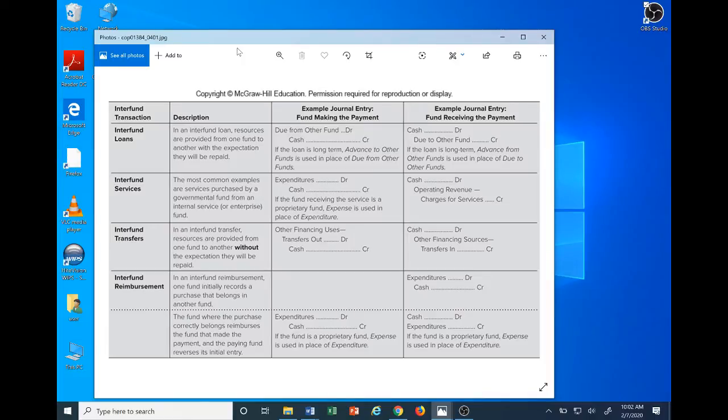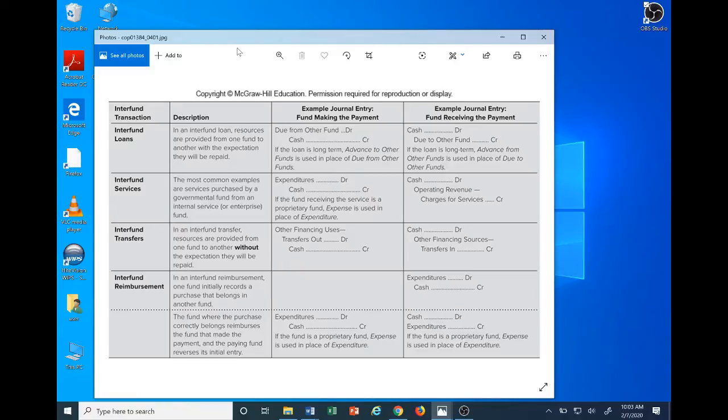Interfund services. The most common examples are services purchased by a governmental fund from an internal service or enterprise fund. The fund making the payment is going to debit expenditures and then credit cash, because they're receiving a service. We're incurring an expenditure, crediting cash out.